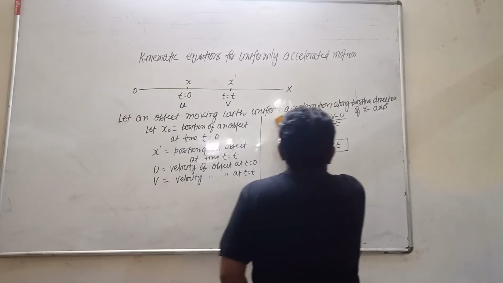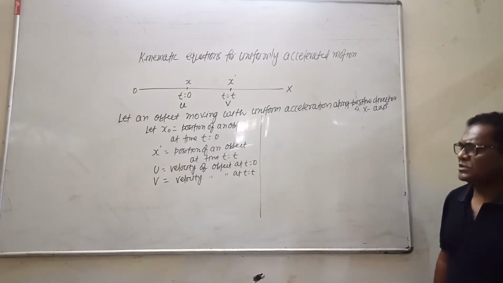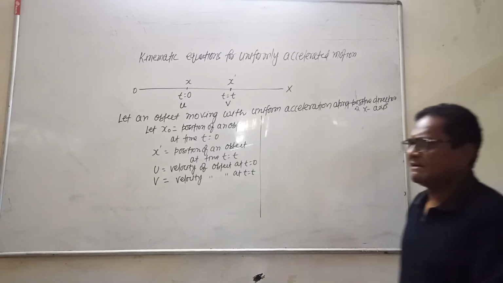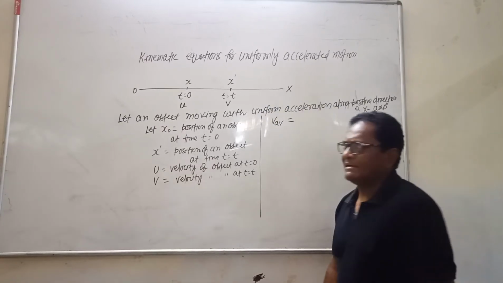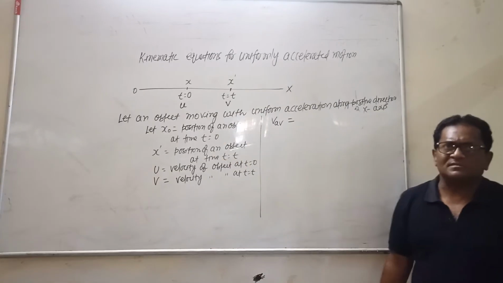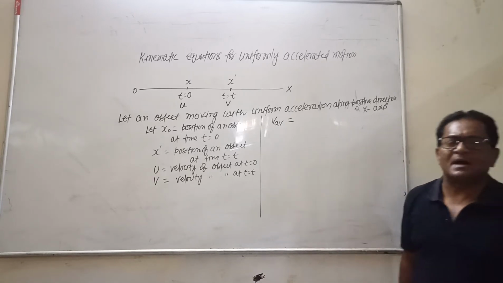Now the second formula. We know the average velocity. Average velocity equals total distance upon total time taken. So in going from x to x dash, the distance covered is found by x dash minus x.